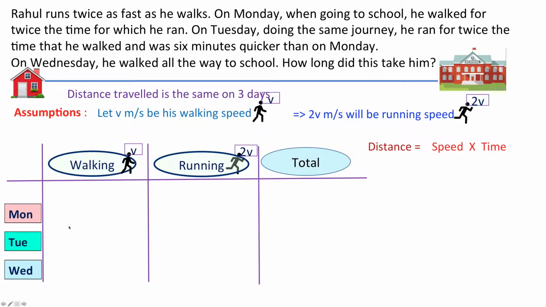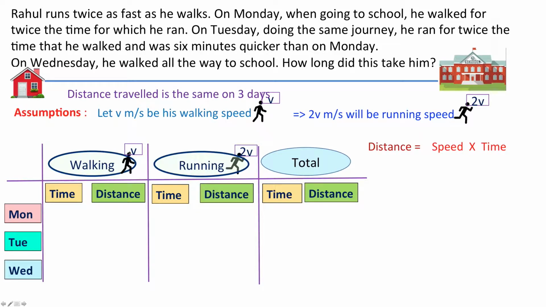And in the rows, we'll consider all the 3 days: Monday, Tuesday, and Wednesday. Now we know that the theory says distance is speed into time. Speed we have assumed as v and 2v. So let's track the distance and time for the walking, running, and total on each of the 3 days.